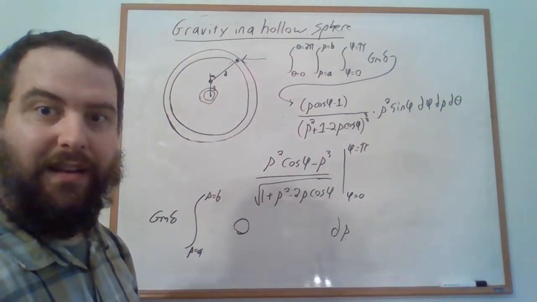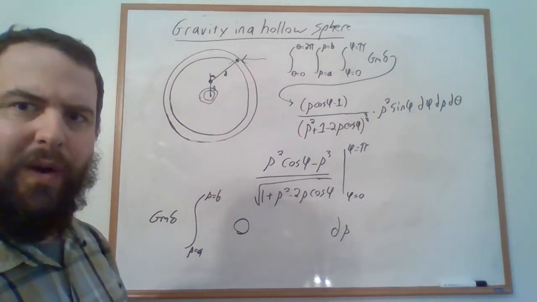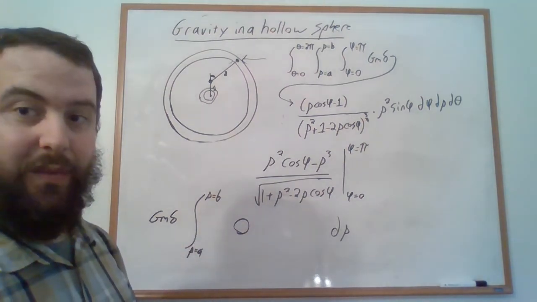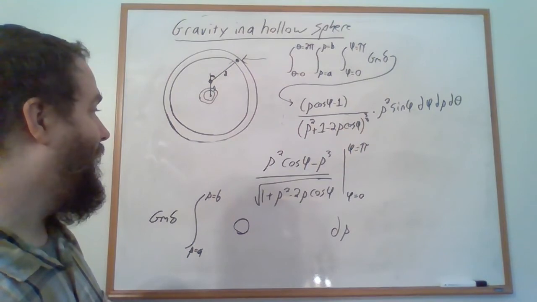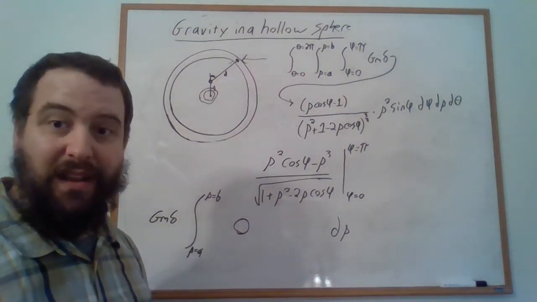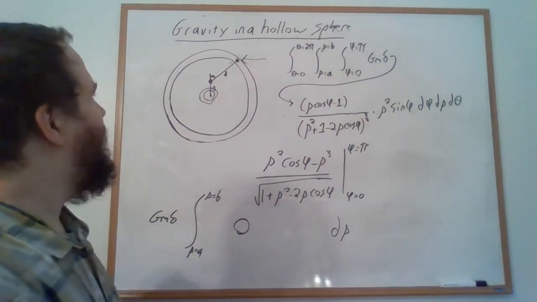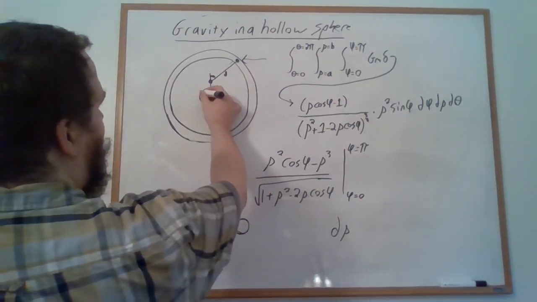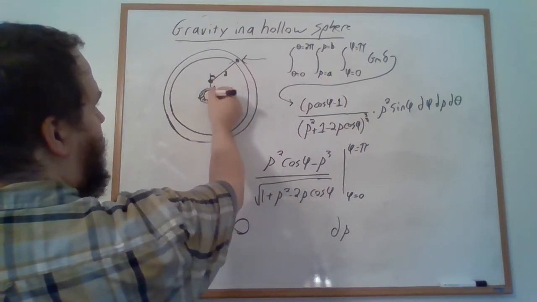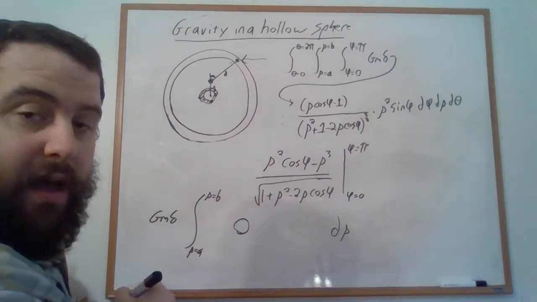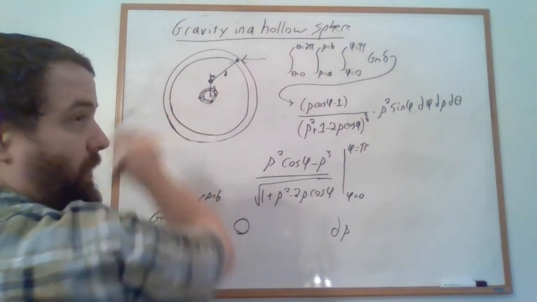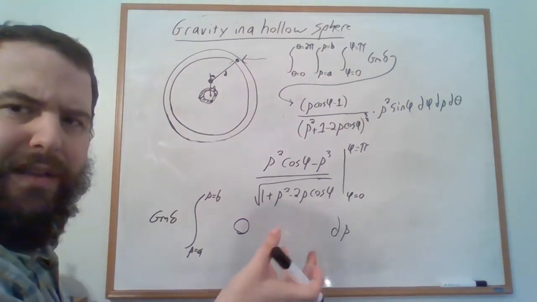There's going to be a minus sign introduced there because rho minus 1 is going to be negative, so you need to take the negative when you take the absolute value. And then you actually get some sort of non-zero term, but you can integrate that. And it actually works out that if the point is on the outside of the hollow sphere, then it acts gravitationally as if it was just a point mass, just like a regular sphere does.